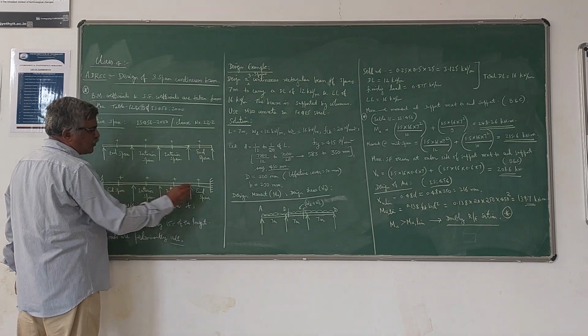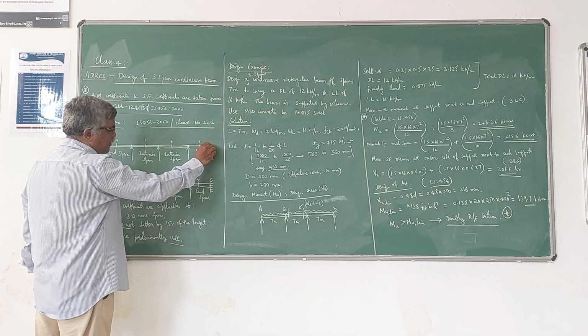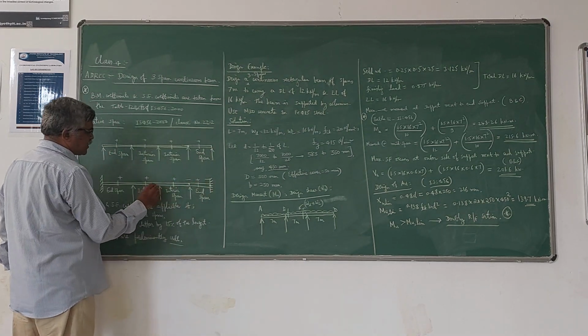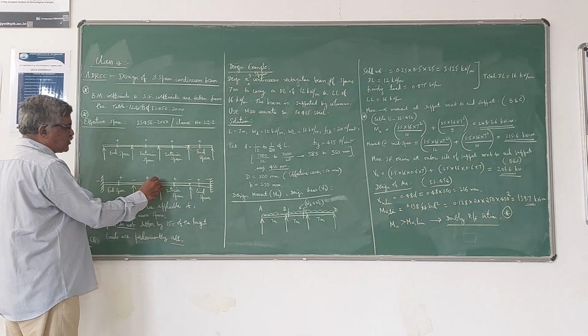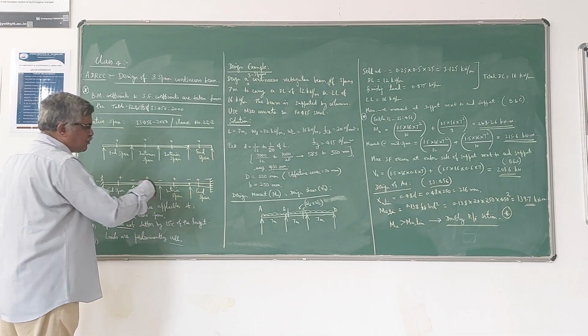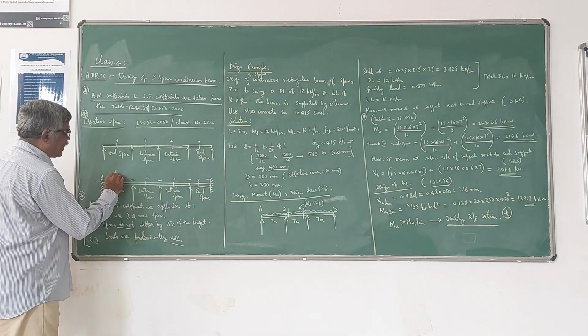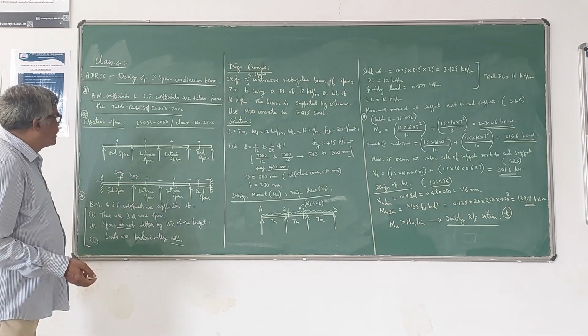They are all hogging. Of course, the fixed end will also have a moment. At a simple support, we don't have any moment. So these are all negative moments, and negative moments will occur here and here. So at the supports you can expect negative moment, whereas at mid-spans you can expect sagging moment. So sagging I will take as positive, hogging I will take as negative. That is the usual sign convention.